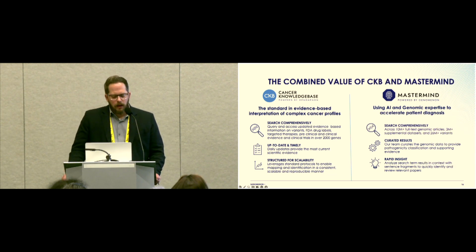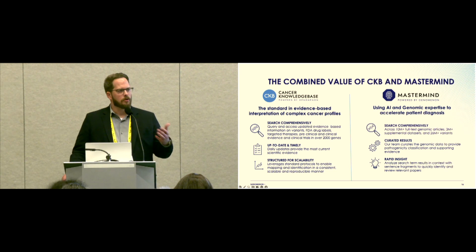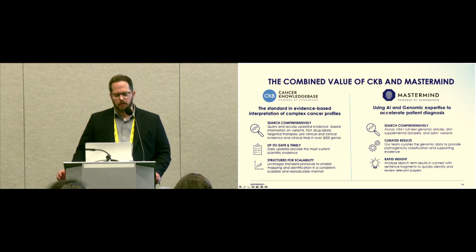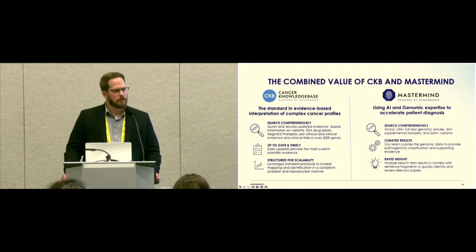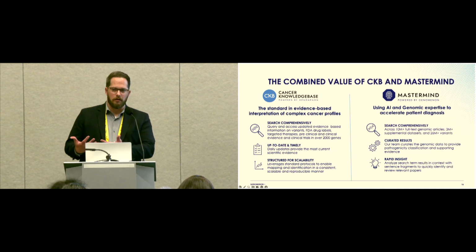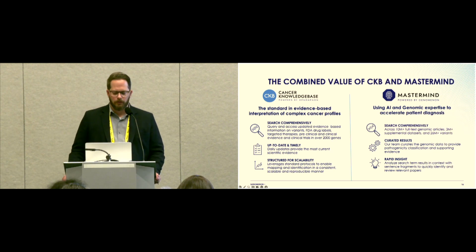So the Cancer Knowledgebase, formerly JAX Clinical Knowledgebase, is a comprehensive data set across 2,000 genes of expertly curated information for variant pathogenicity, actionability, FDA drug labels, targeted therapy, functional studies, trial information, et cetera, that Kara will go into greater detail about. It's a data offering as well as a software offering.